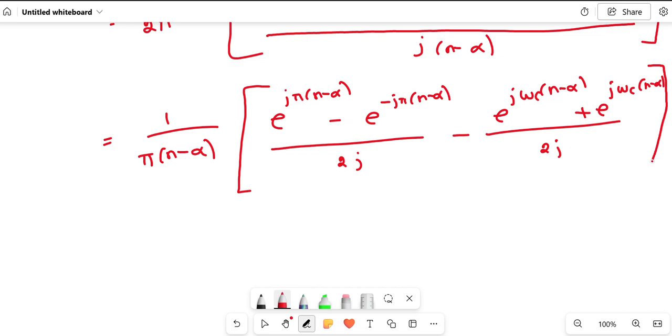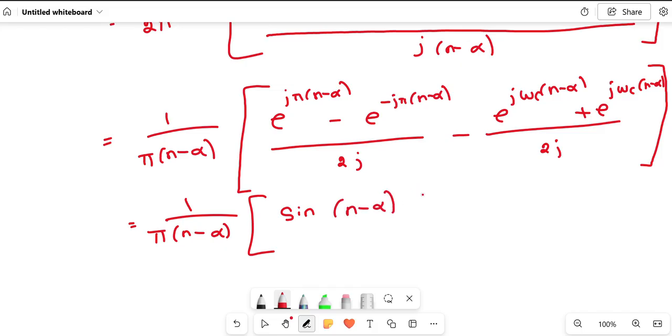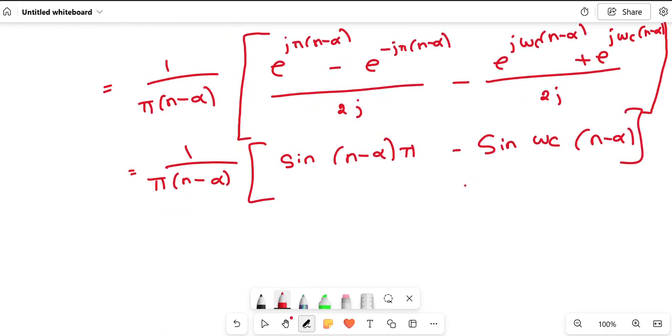We'll get these two terms. So 1 by pi (n minus alpha), this term will be sine of (n minus alpha) into pi minus sine omega c of (n minus alpha). After this you have to integrate and apply the limits properly.